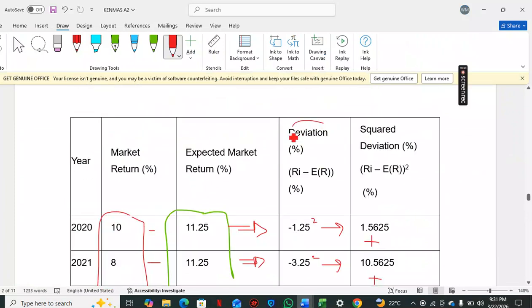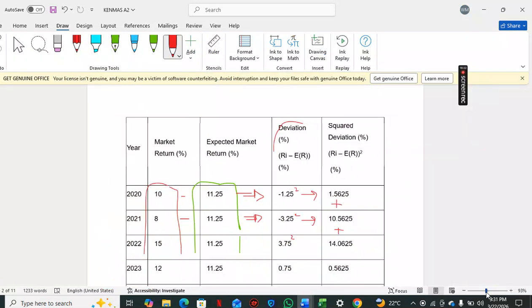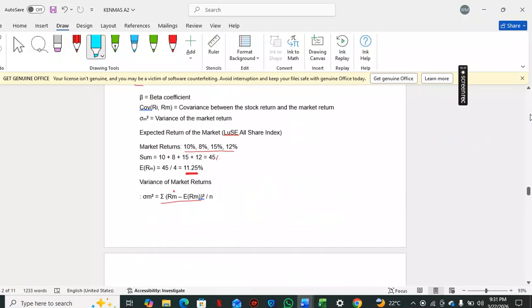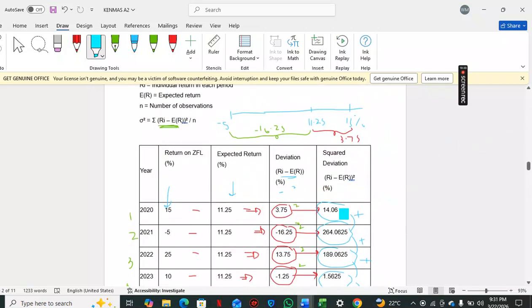For Lusaka Securities Exchange, these deviations here, these things that we were squaring. Each of these deviations, we are multiplying them with the deviations for ZFL, these deviations here. Okay, colleagues? That's what is happening here.